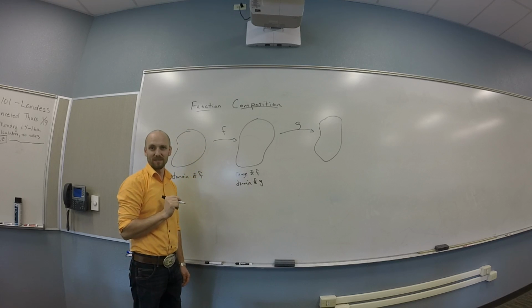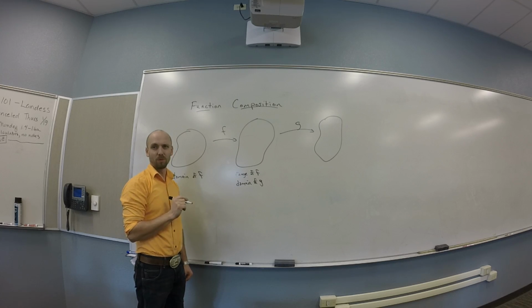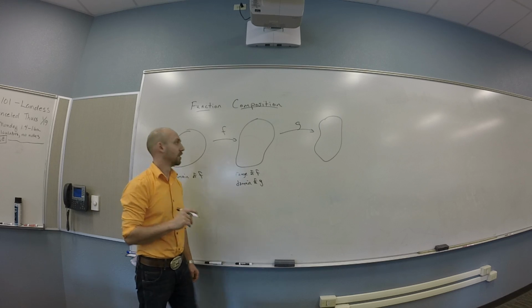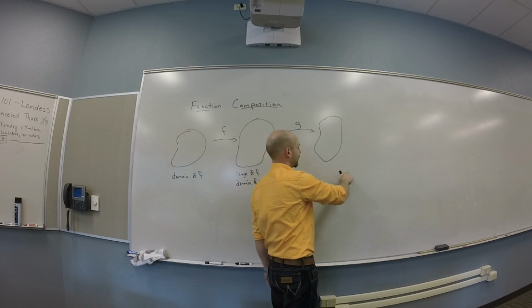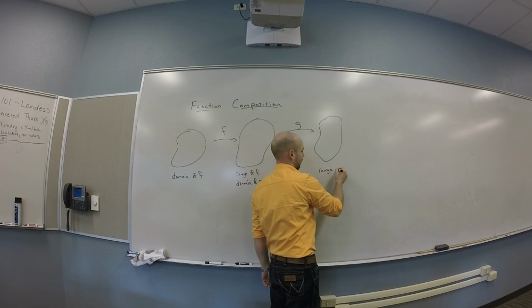You guys see that? That's going to be a little bit confuzzling at some points. But for right now, just let me assume that those are the same thing for simplicity. It would be a little weird if they weren't, right? You guys see that? G is going to go over here. What's this going to be? This is going to be the range of G, yeah?